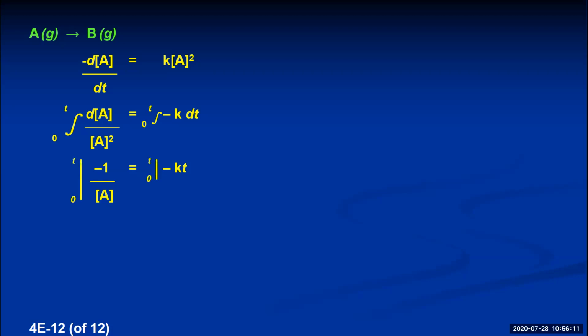To evaluate this from time 0 to time t, it's going to be negative 1 over the concentration of A at time t minus negative 1 over the initial concentration of A equals negative kt minus a negative k times 0. I'm just going to leave off the negative k times 0. And if I add the negative 1 over A naught to both sides of the equation, I will wind up having negative 1 over A at time t equals negative kt minus 1 over A initial.